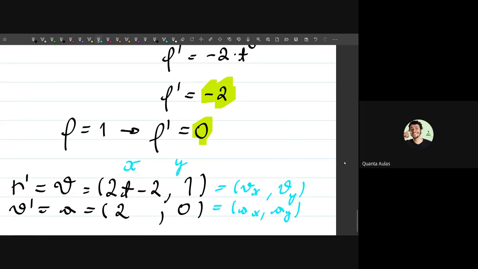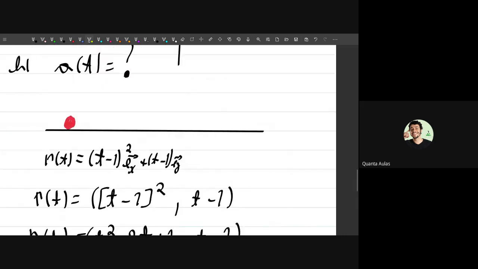So we can see something really interesting. This 0 is the acceleration in the y coordinate. This particle doesn't have acceleration in the y coordinate, because it's 0.